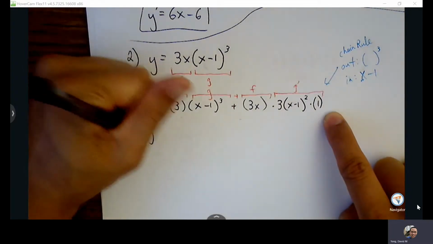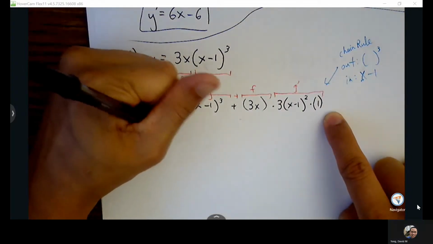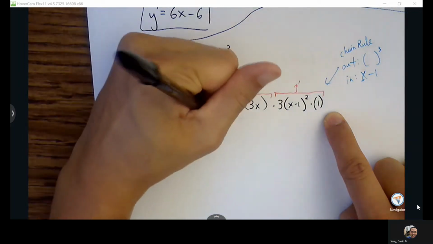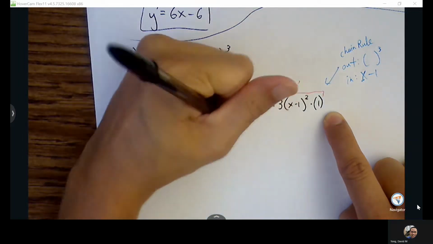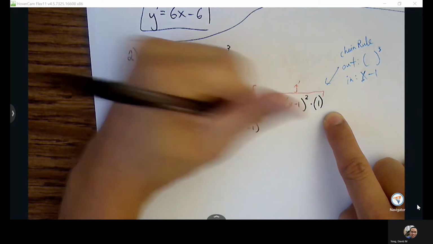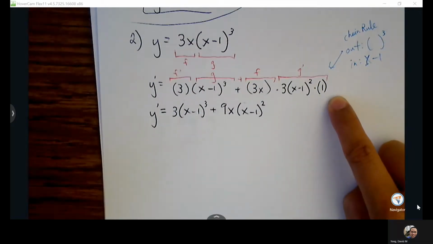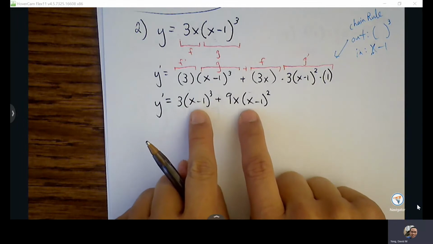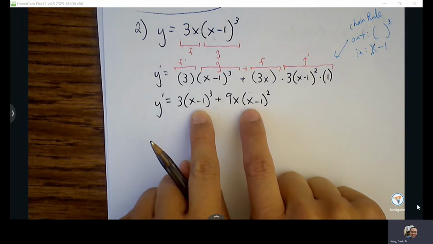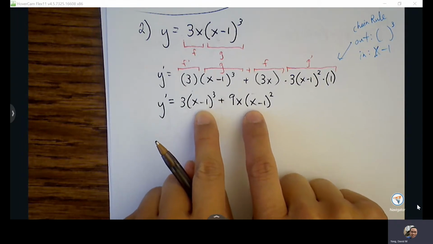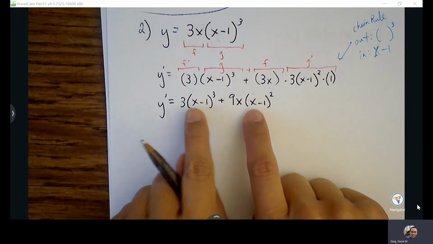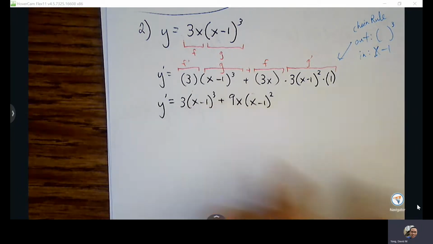Now let's just try to clean this up a little bit here. This is okay, this is fine, but I want to show that we can go a little further with our factoring step because we can actually find even more commonality between these two terms.